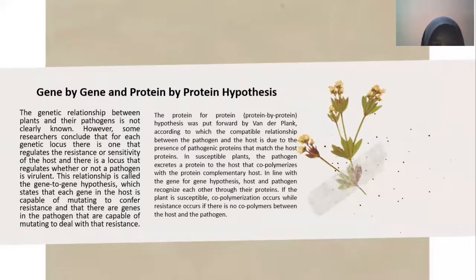In susceptible plants, the pathogen excretes a protein to the host that copolymerizes with the complementary host protein. In line with the gene for gene hypothesis, hosts and pathogens recognize each other through their proteins. If the plant is susceptible, copolymerization occurs, while resistance occurs if there is no copolymerization between the host and the pathogen.